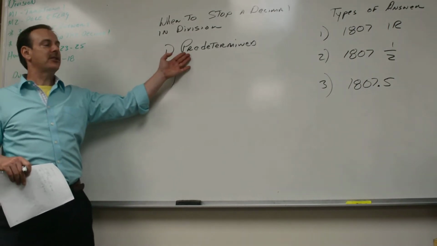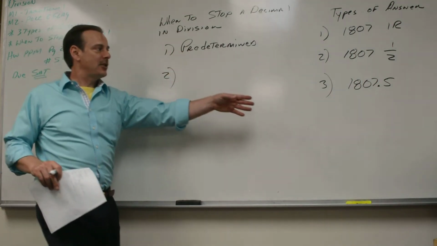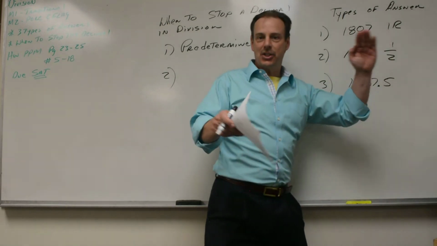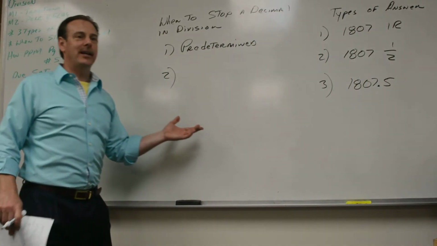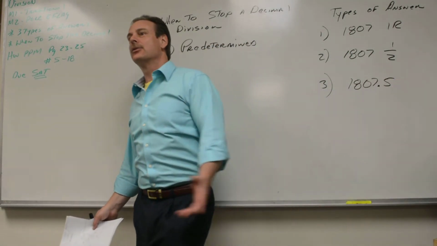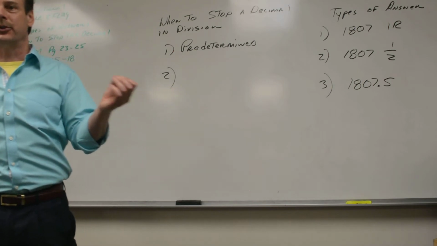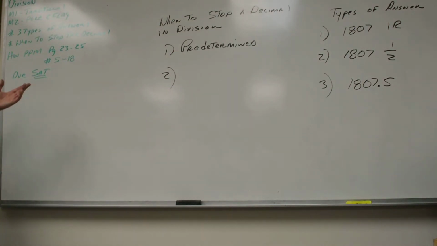Now remember, as we add more and more decimal places, the number's getting smaller and smaller. If we were calculating tablets, could we take 1/10,000th of a tablet? It's ridiculous. So for a tablet, you're going to round off to maybe 1 decimal place. So that's one. It's predetermined; they're going to tell you the number of decimal places.